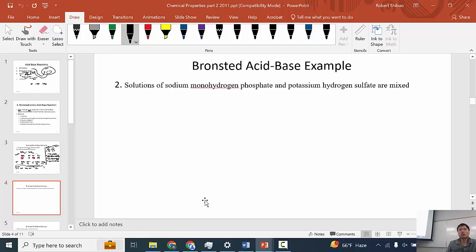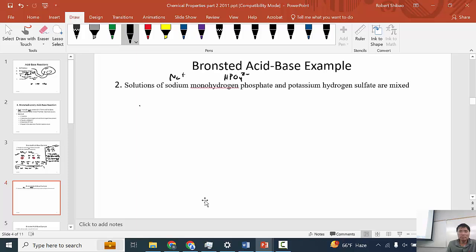Normally we have to check all reaction types. So what's the formula for sodium ions? We know that. What's the formula for monohydrogen phosphate? And what's the charge?